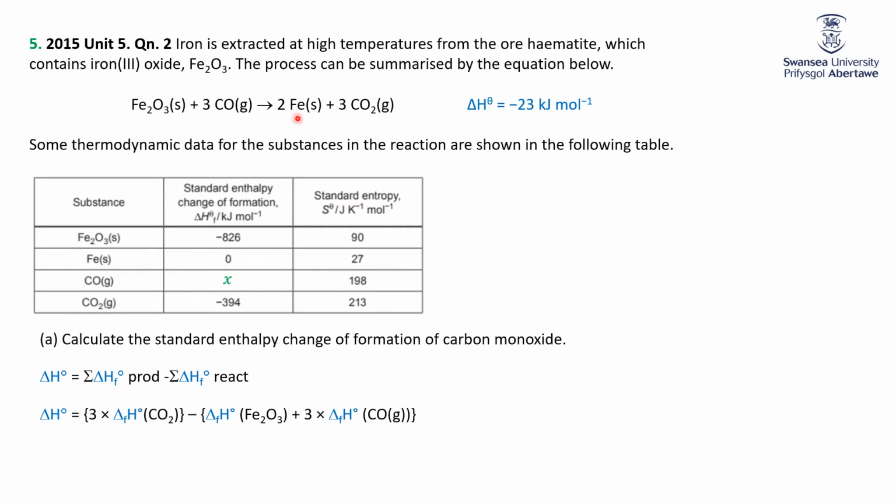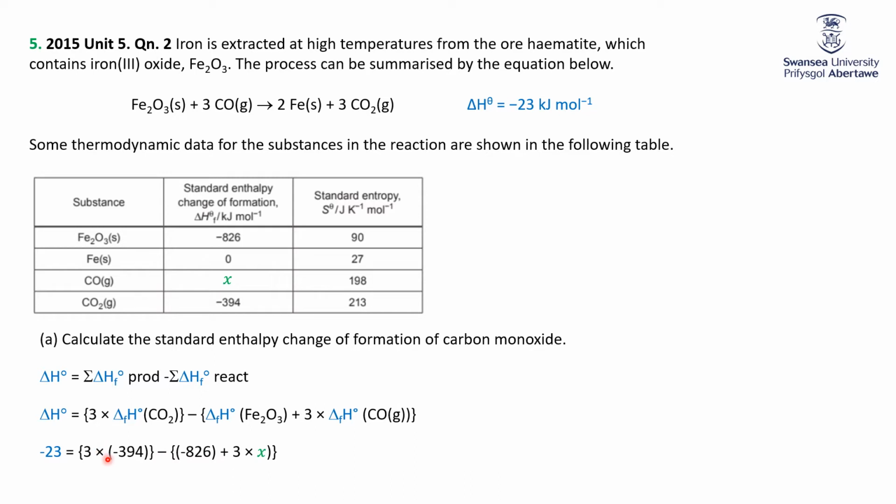Because iron is an element in its standard state, its heat of formation is 0. So thus we have 3 CO2s. And then in terms of reactants, we have 1 Fe2O3 and 3 COs. Pop in the numbers from the table. We're told delta H overall is minus 23, and then there's the 3 times the CO2 minus.